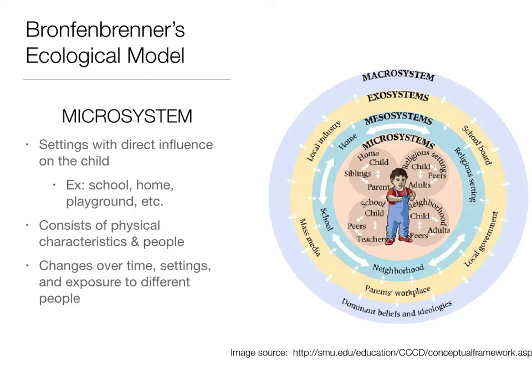And these things change over time. They're not necessarily static. A child may be the oldest child, and so he starts out as just parent and child interaction, but as siblings are added to the family, that changes. Schools change over time.